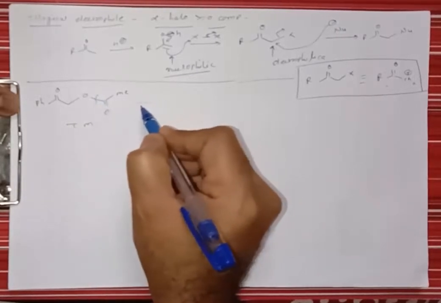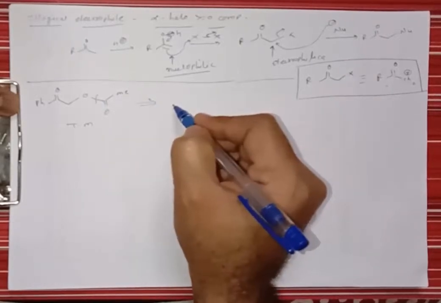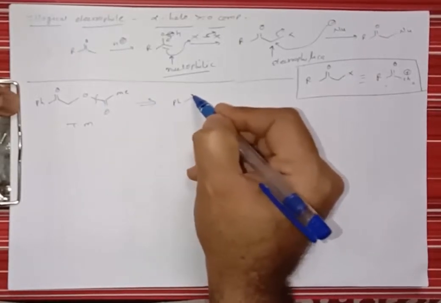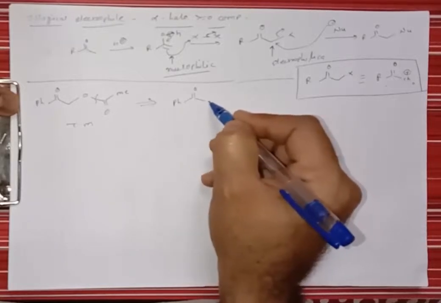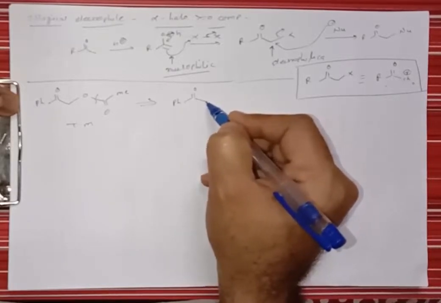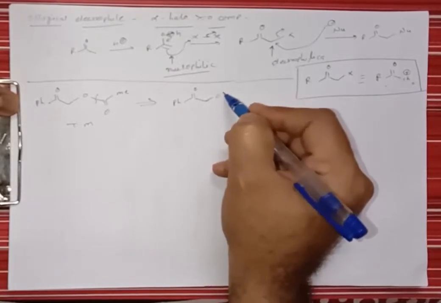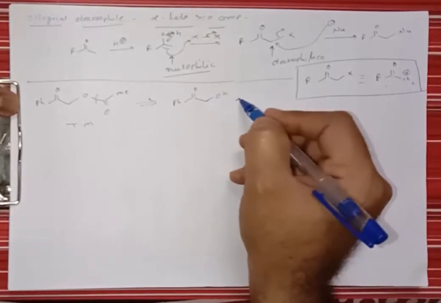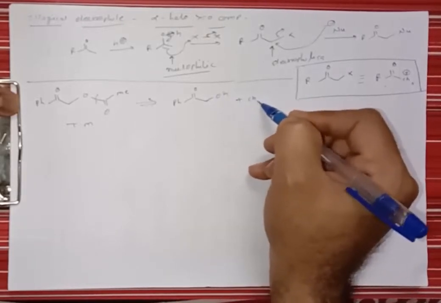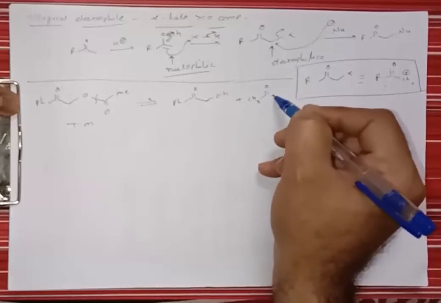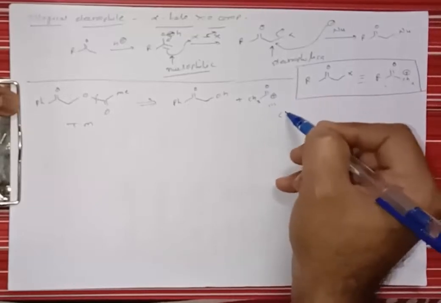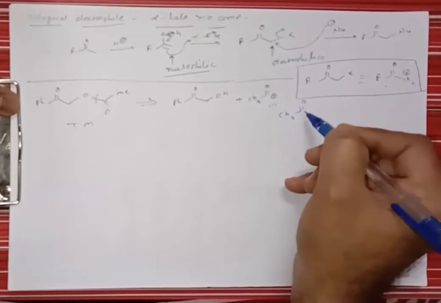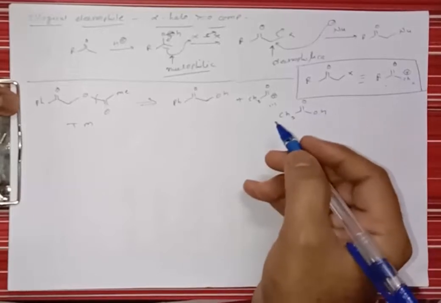It gives PhC=O, CH2OH, along with CH3C=O plus, and the synthetic equivalent for this is acetic acid, CH3COOH, right?